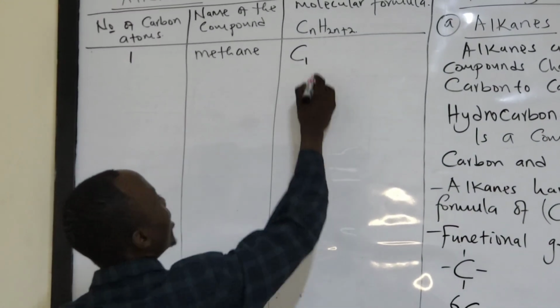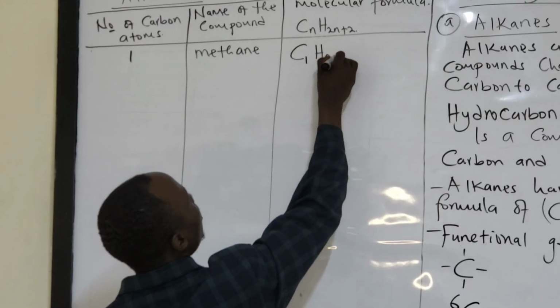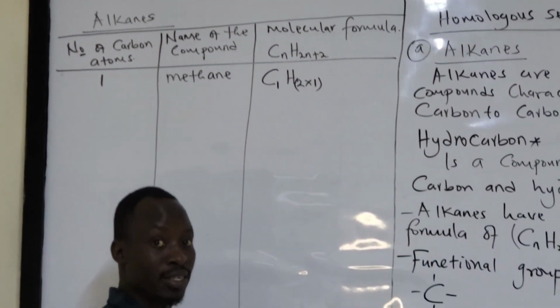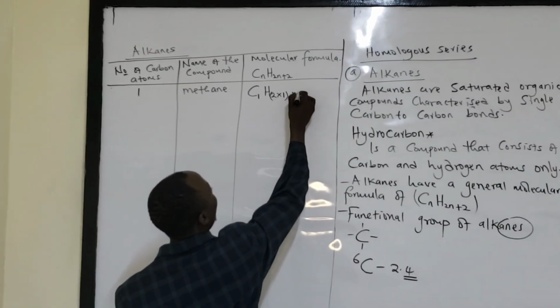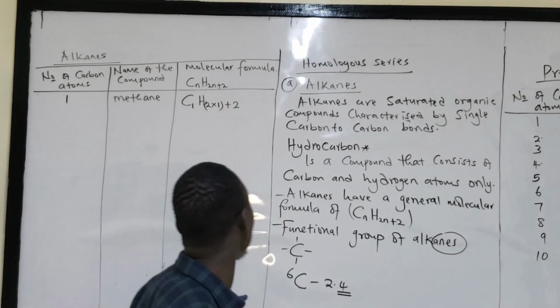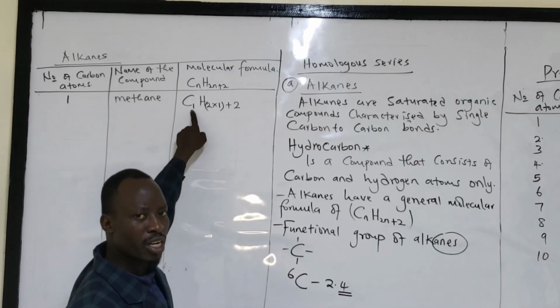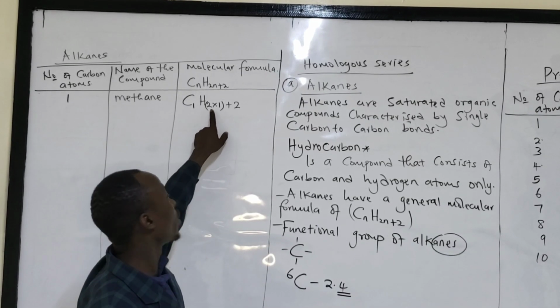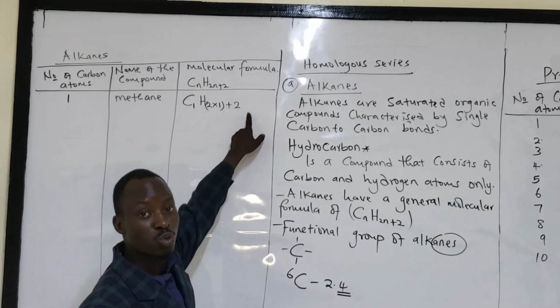Then H2n means 2 times n, that must be 2 times 1, yes? Then, of course, plus 2, as per the general molecular formula. So C1, 1 carbon atom, H2n, so 2 times 1, then plus 2.